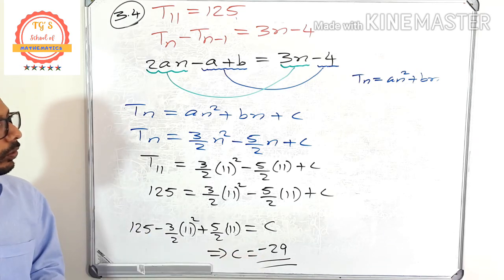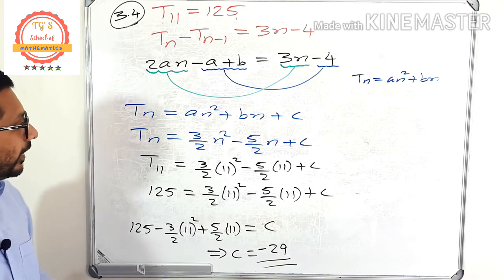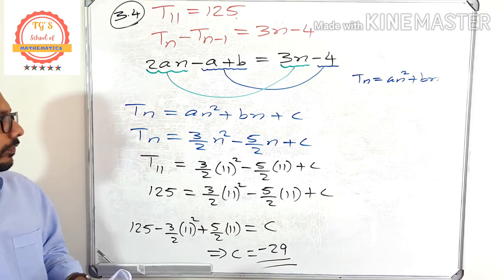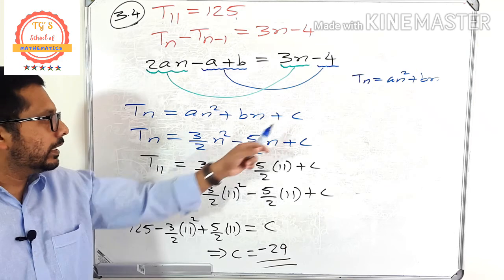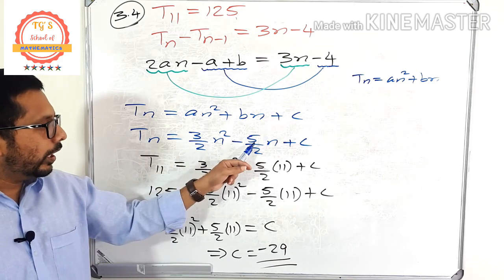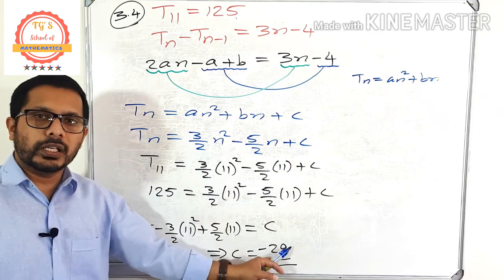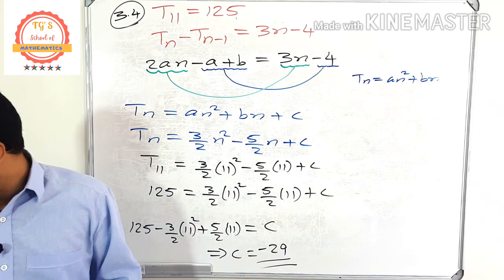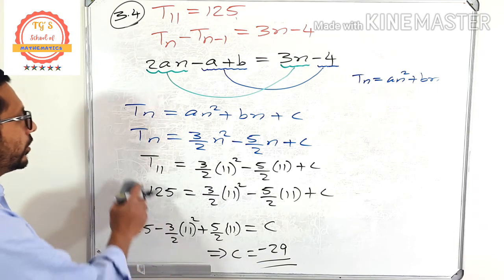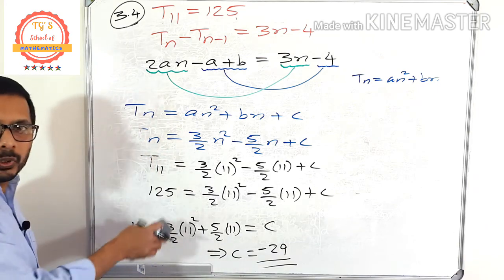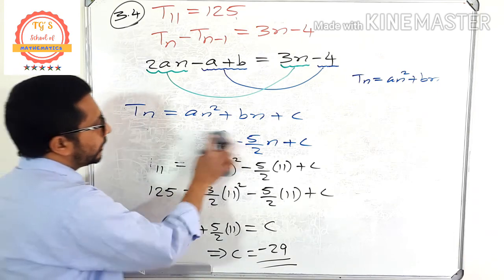Okay, so now it's not finished yet. Now we know the values of a, b and c. A is 3 over 2, b is minus 5 over 2, and c we got as minus 29. So now I'm going to write that equation once more. Please pause the video and write this one.